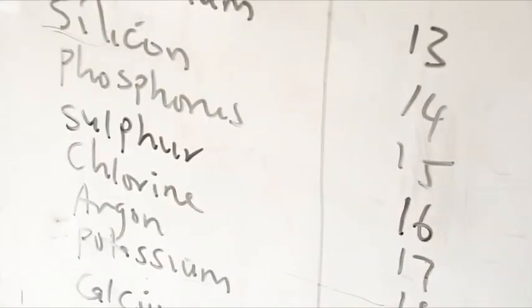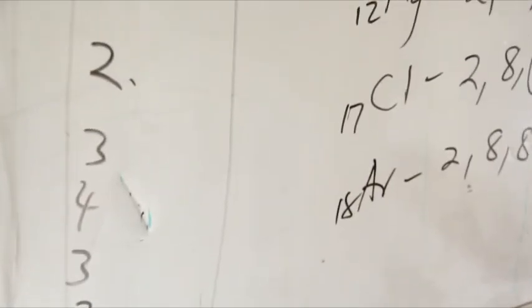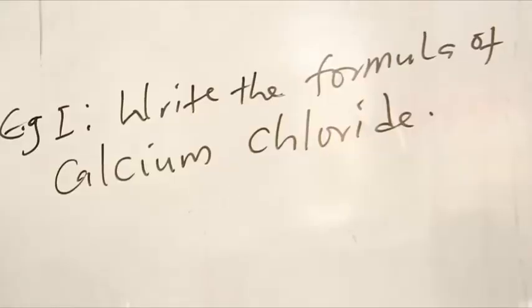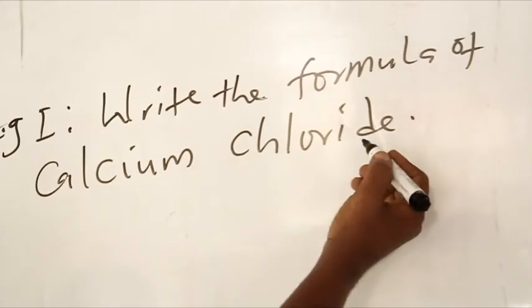So for writing a chemical formula of any kind to form a compound, you use the valency of each element to write such a formula, as we're going to see here. In this example, you are asked to write the formula of calcium chloride.